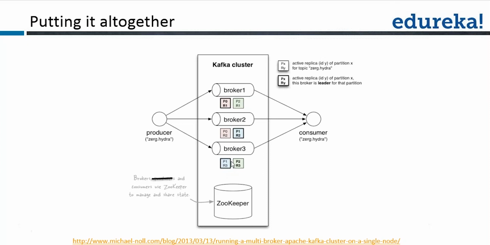If it is P0, they can also talk to broker 3 for consuming those messages. Overall, what I'm trying to say is they still have brokers from where they can consume the same messages for the same offset value. They will not notice whether one of the brokers is down or not. This operation will remain the same for the consumers.